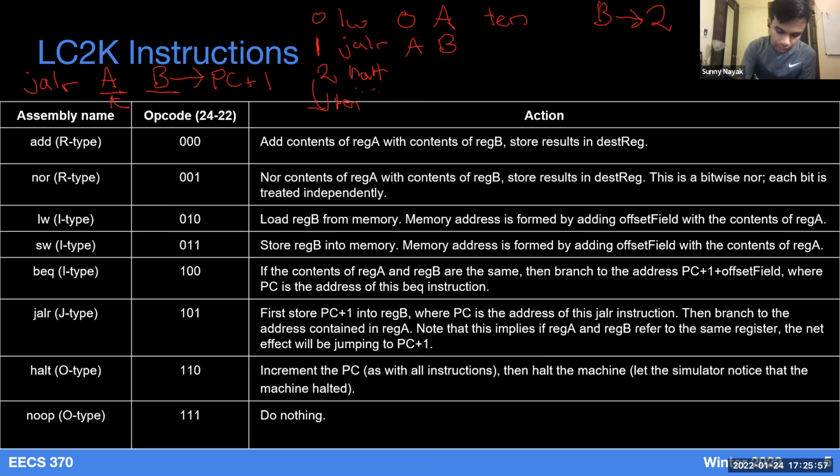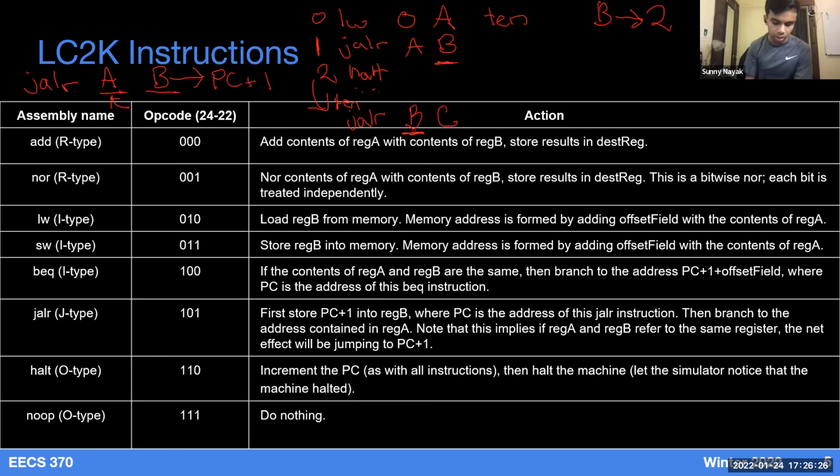On the flip side, I could have a jalr here where, instead of registers A and B, I set my destination register to the old bookmark register here, so I don't really care about this register here. That's just if I want to jump back to that spot, I could. But the important part is that using jalr and using that second register gives me the ability to jump to a spot in code and then come back.